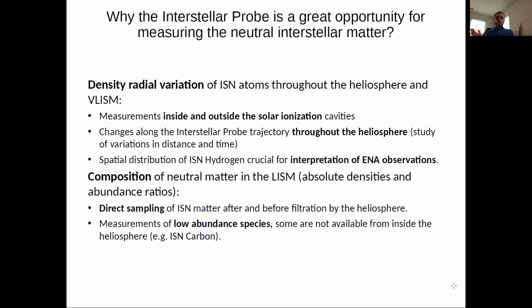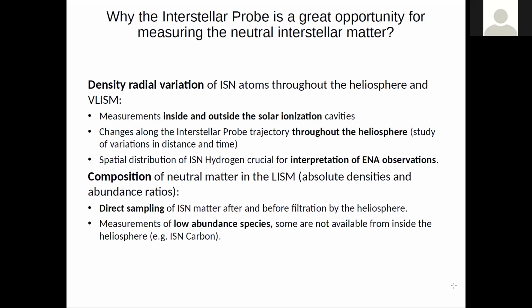Okay, so summing this up, I just want to say that there are two main things we can observe with the neutral atom detector of the interstellar probe. First is the radial variation of the density. We would be able to do observations not only inside the ionization cavity that we have right now, but also outside of the solar ionization cavity, and we would do that with the same instrument.